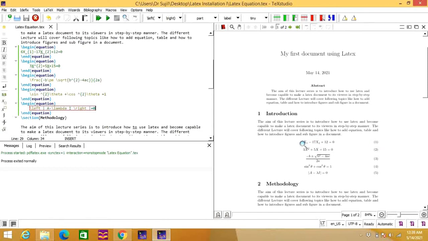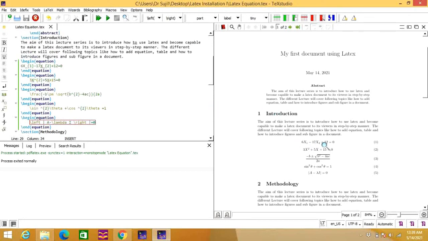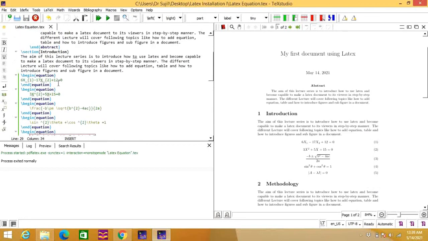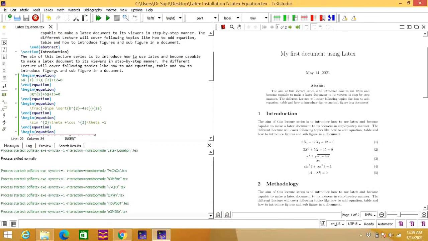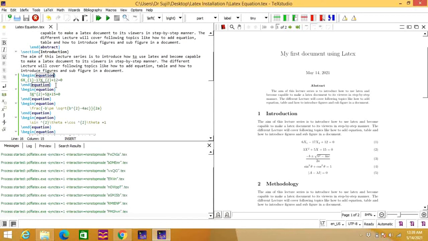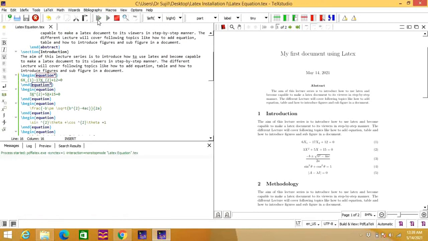It is a very simple trick. Suppose you want to remove the numbering of equation 1. Go to that equation 1 and just give a star here, and at the end equation also you need to provide a star. Now let's see by running this what is going to come.